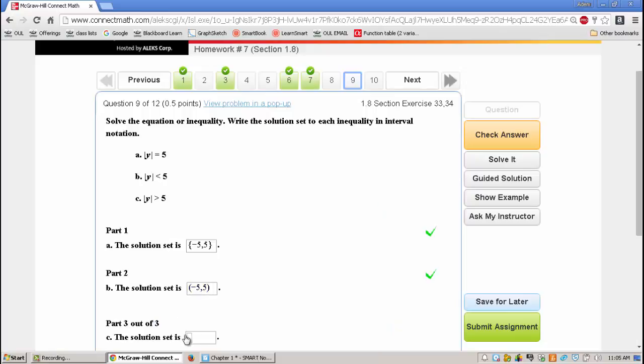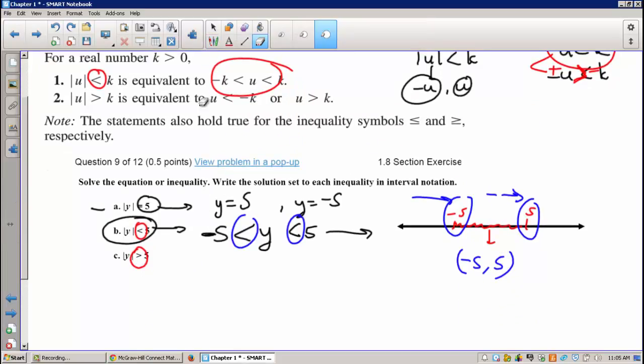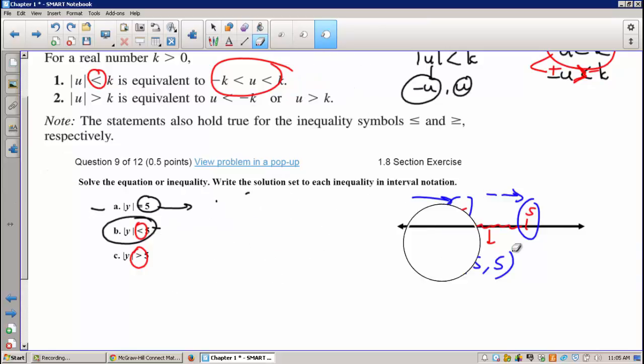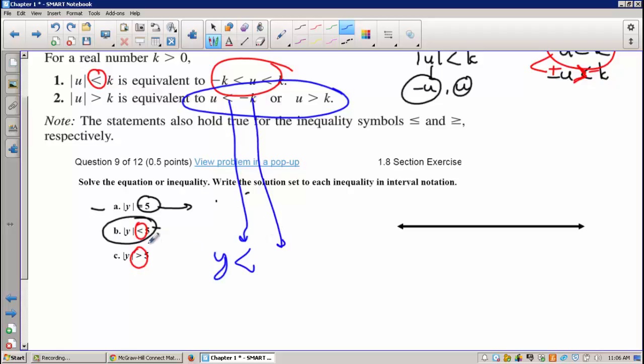Part 3. This time the fish mouth is looking to the left. That means I'm going to employ this one. It says y, we start with y, and then less than, and then minus k. This is k, so you're taking negative of it, -5.